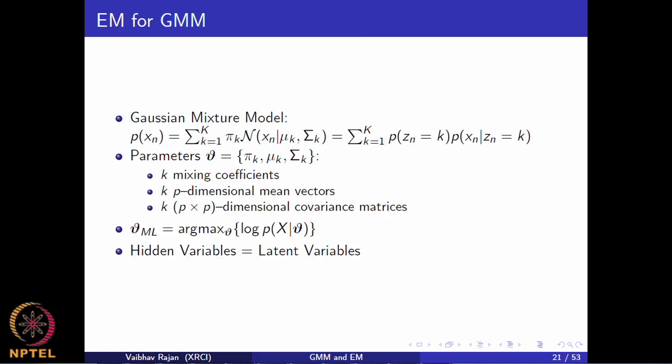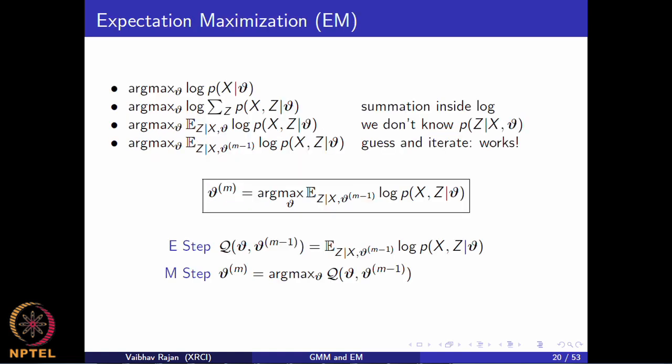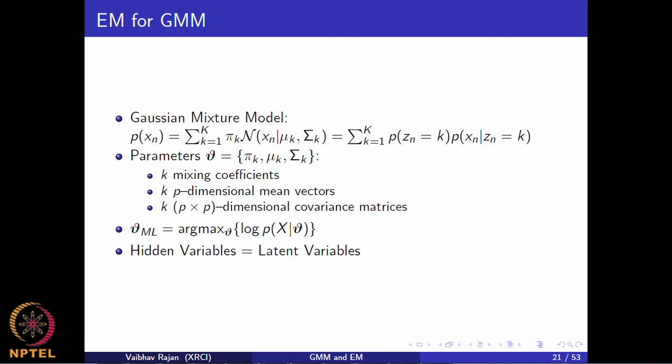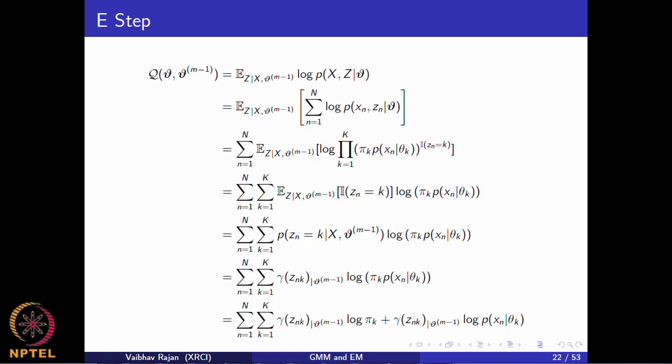Then we saw that if we use this formulation, then for Gaussian mixture models we essentially get back the iterative algorithm that we had guessed. This expectation is also called the Q function in the literature. We get a very nice form for the Q function.